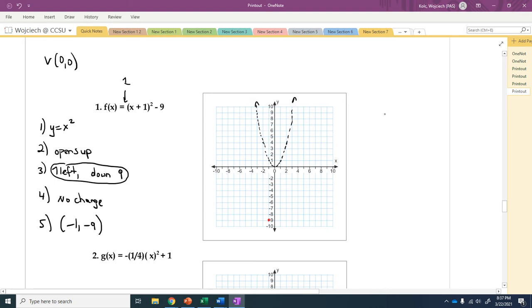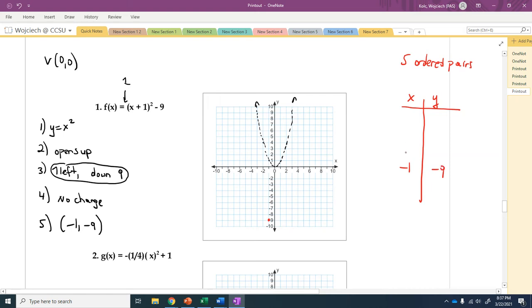And step 6 is the most time-consuming step. We want to create a table of values, okay? So x and y. Now in this class, we want 5 ordered pairs. So I will put negative 1, negative 9 here.